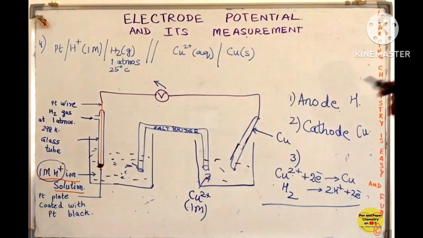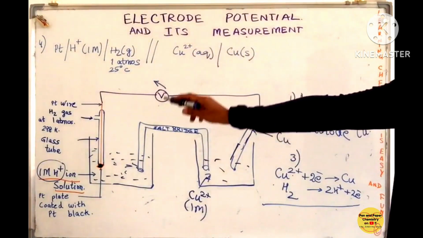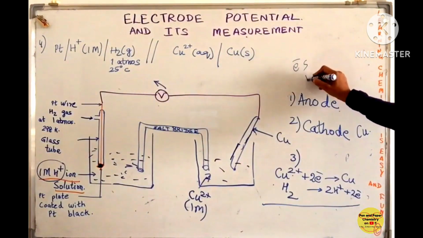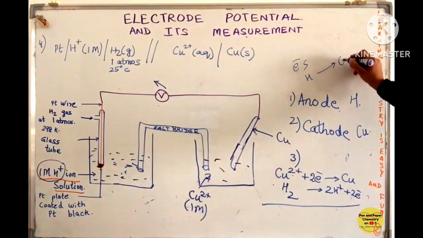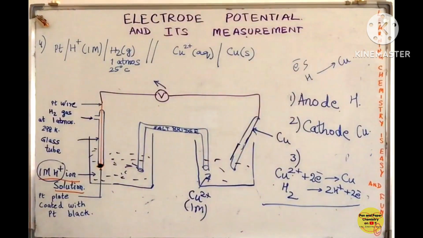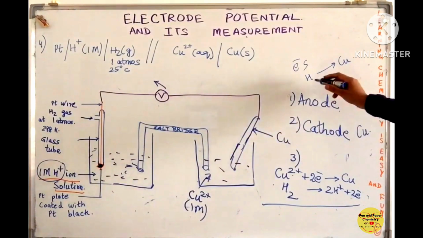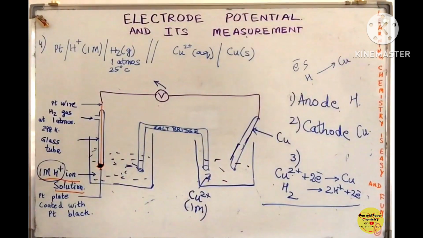Yes, because the current is flowing from copper to hydrogen. So the electrons are flowing from hydrogen to copper. That means electrons are being generated at hydrogen.